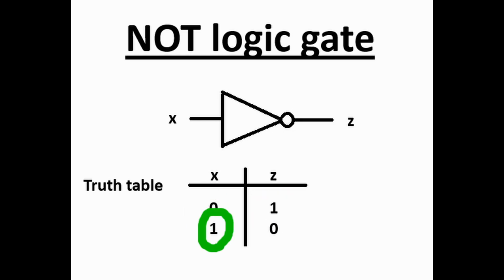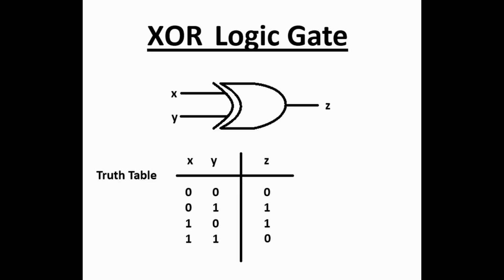If the input is 1, the output is 0. Another useful logic gate is the exclusive OR gate, or XOR. In this case, the output is 0 when both inputs are 1 or both inputs are 0. The output is 1 only when the inputs are different values, one with a value of 1, the other with 0.